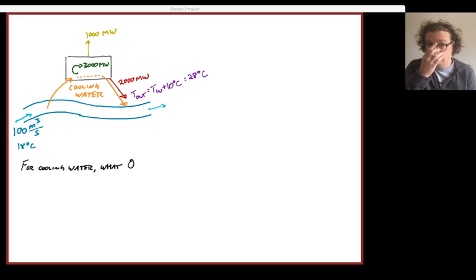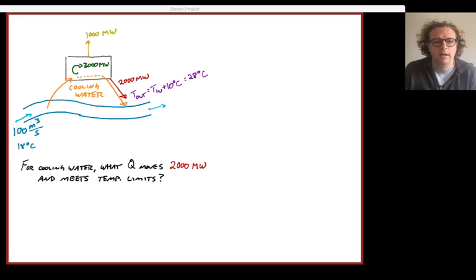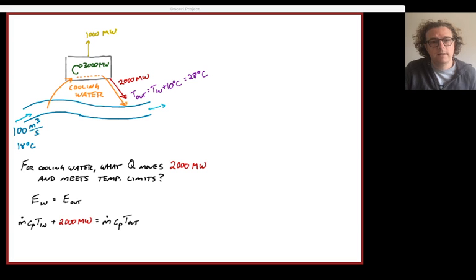Okay, so the crux of this problem is what I'm writing here. For this cooling water, what amount of discharge does it take to move 2,000 megawatts and meet those temperature limits? And this is absolutely an energy balance problem. So the energy in equals the energy out as we're considering the plant.